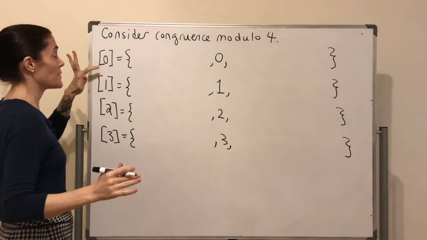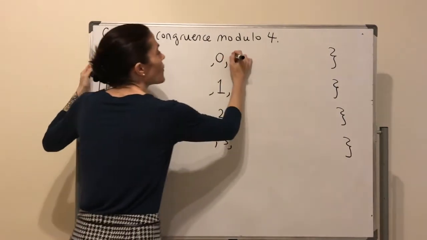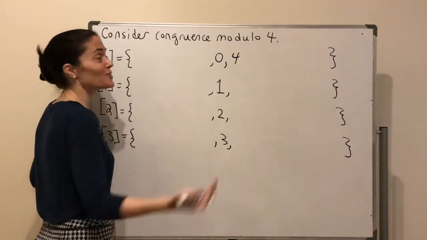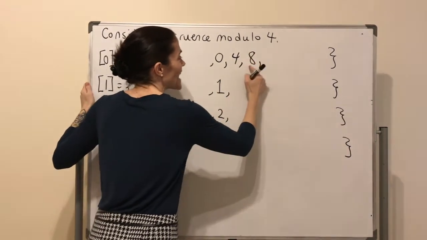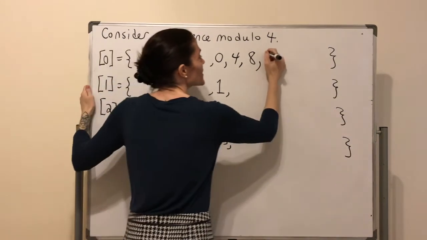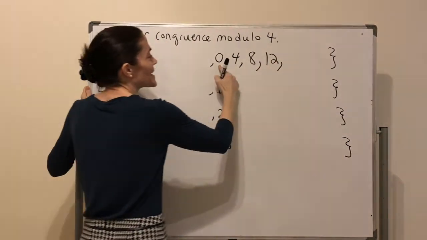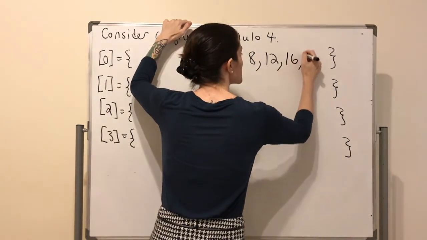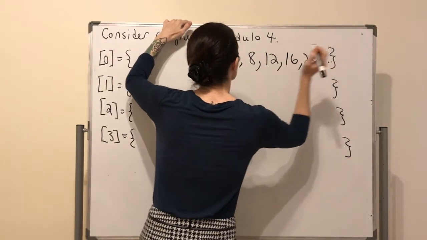Now, let's fill out some more. Well, 4, because 4 minus 0 is a multiple of 4. 8. 8 minus 0 is a multiple of 4. 12. 12 minus 0 is a multiple of 4, like this. And we can continue. We would have 16, 20, and it would march forward.